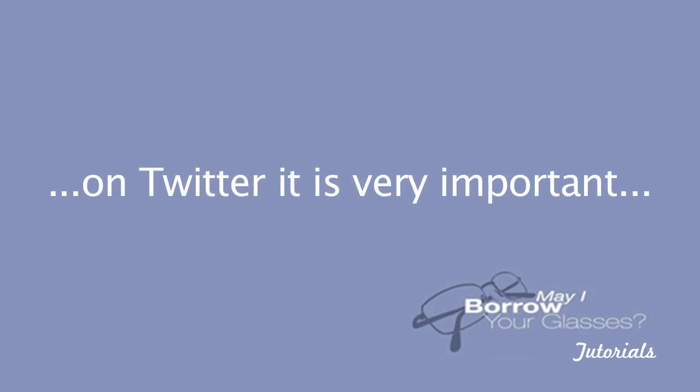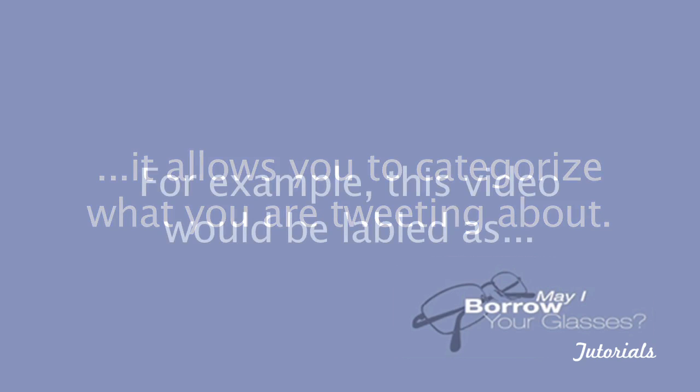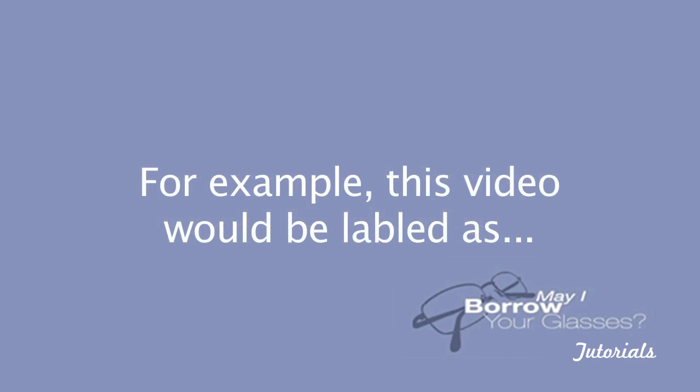What you're going to do is categorize your posts based on what you're mentioning with hashtags. So for example, if we were to post this video on Twitter, we would use hashtags or a pound symbol and then a keyword similar to videos or tutorials. So we would put the hash symbol, no space, and then we would put the word video.